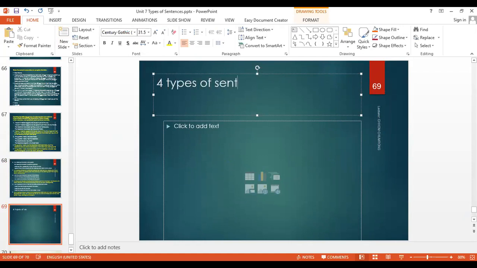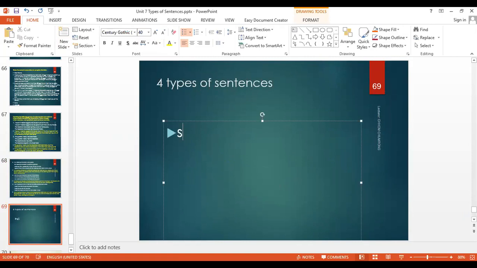Okay, we have a simple sentence. When we talk about a simple sentence, we have only one IC, one independent clause. So one IC we call a simple sentence.